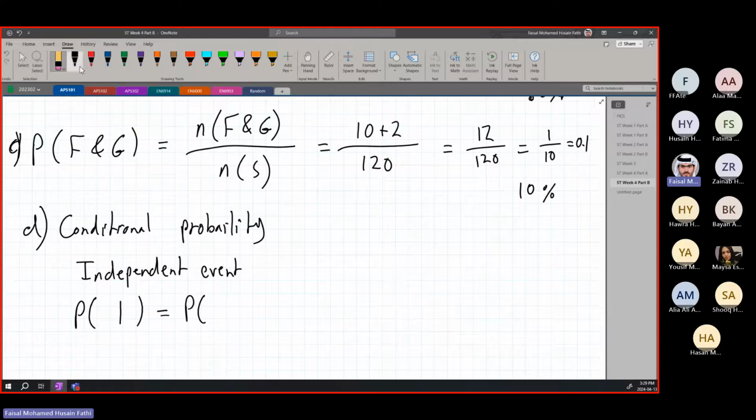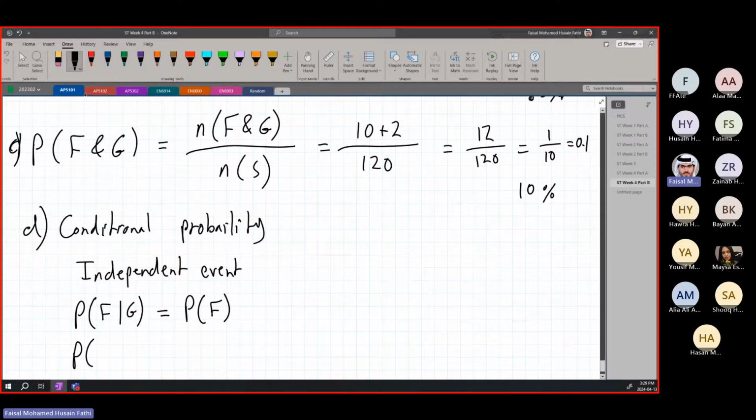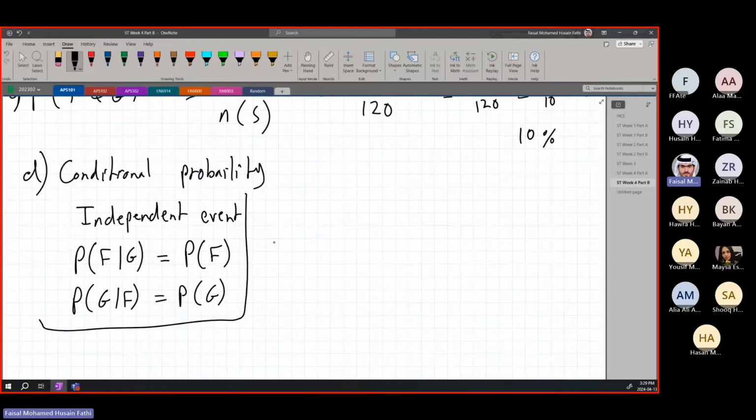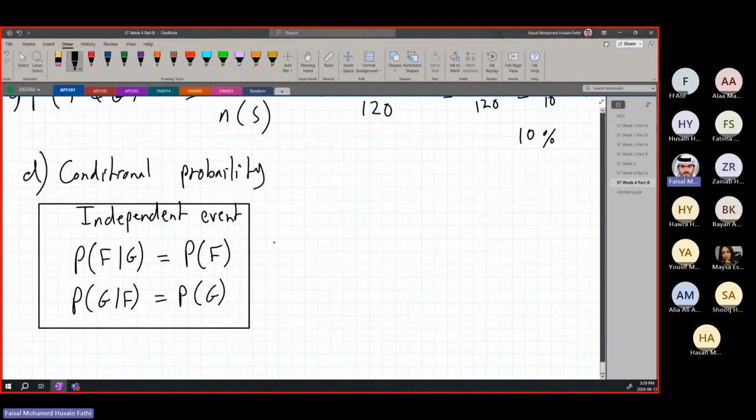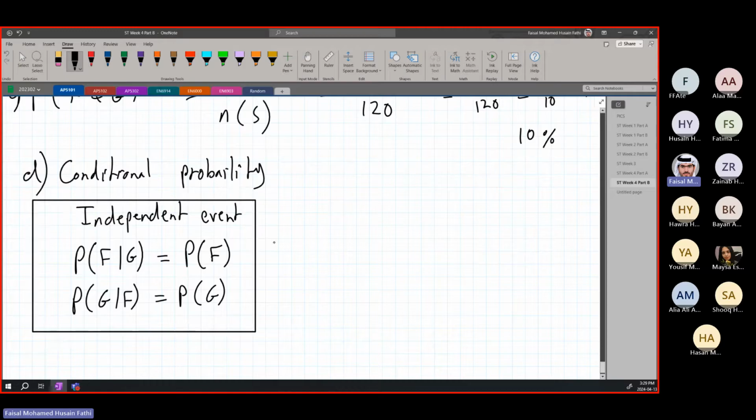They're asking about F and G. So F occurring after G has to be equal to the probability of F. And the probability of G occurring after F has to be equal to the probability of G. Right? This is in the case of an independent event. When we have an independent event, this is how we know.